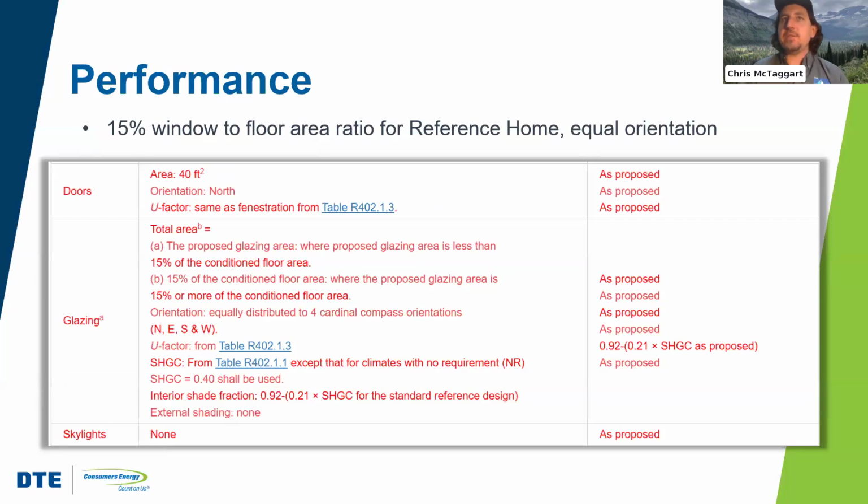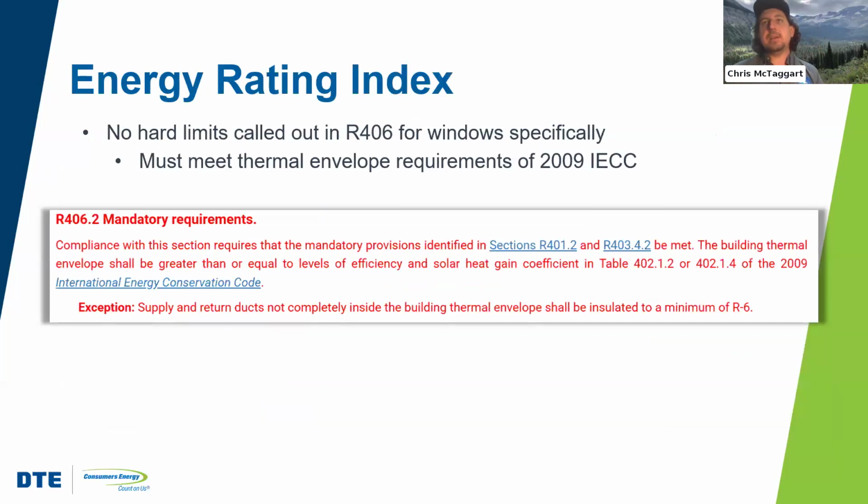So if you exceed 15% window to floor area ratio, you're going to end up having to make it up somewhere, because as we know, more window area is not necessarily better from a thermal perspective. They have equal orientation as well. So if we have 400 square feet of windows, the reference home would have 100 square feet on all 4 sides. And the reference home has a higher SHGC value, which again can be advantageous for this climate.